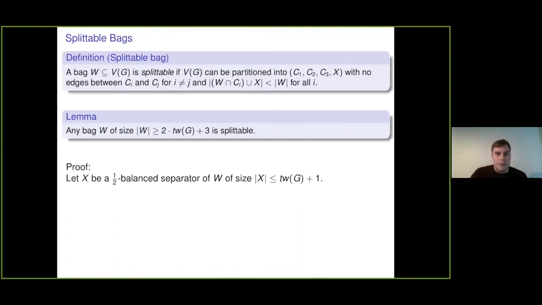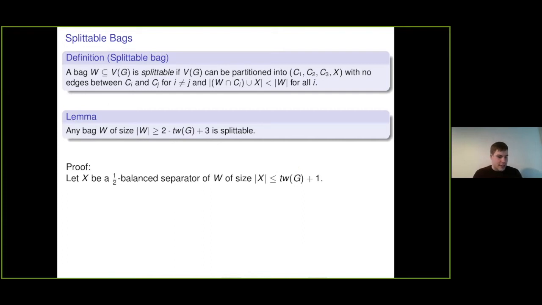Before we go into doing this for the whole tree decomposition, let's prove a simple lemma on bags. The lemma says any bag W of size at least 2 times treewidth plus 3 is splittable.